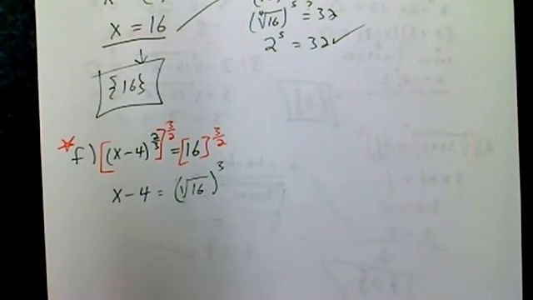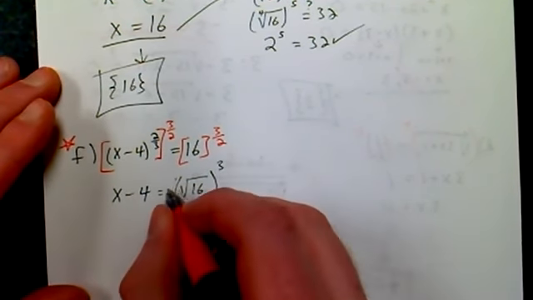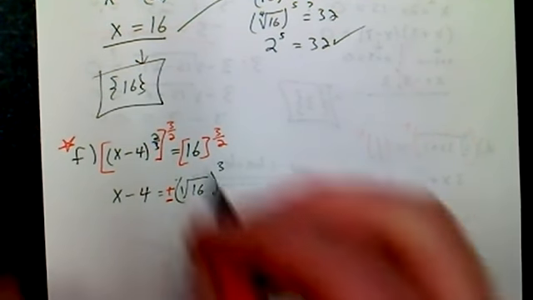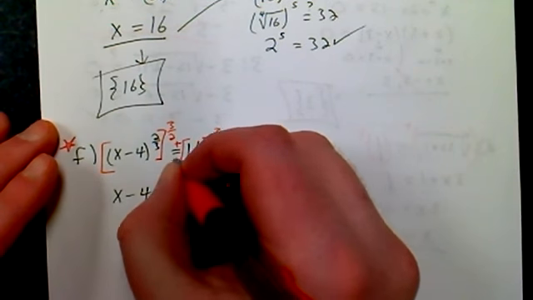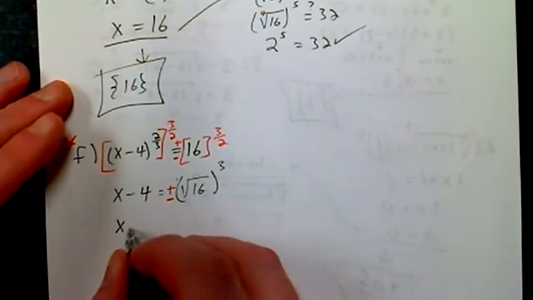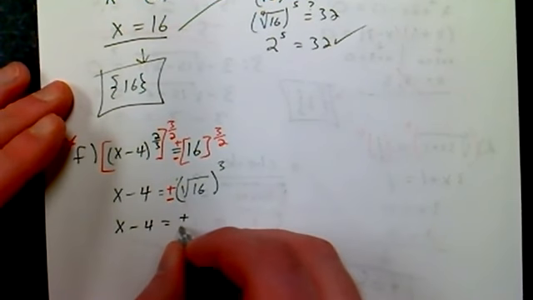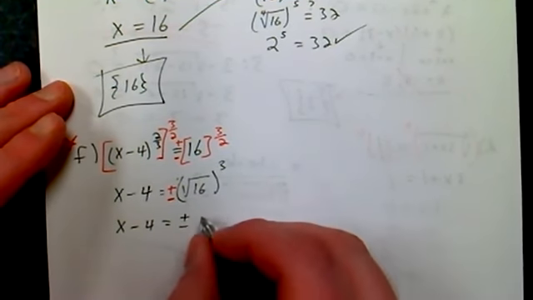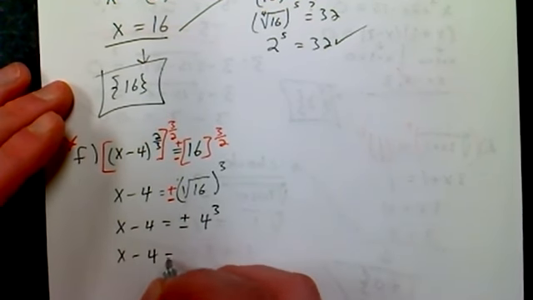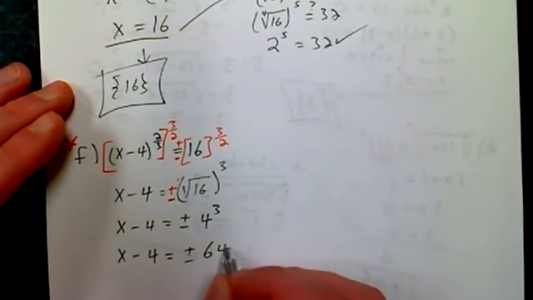So if we're taking a square root, what do we have to remember to do? If this is even down here, we have to remember a plus or minus. In fact, to be more proper, I should put the plus or minus here as well. So that means x minus 4 is equal to plus or minus square root of 16 is 4, so 4 cubed. x minus 4 equals plus or minus 64.